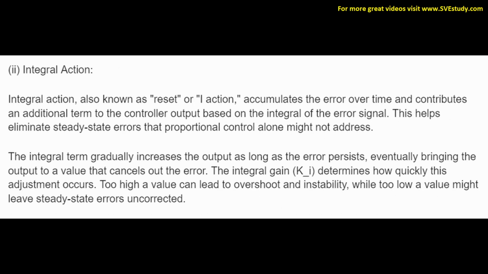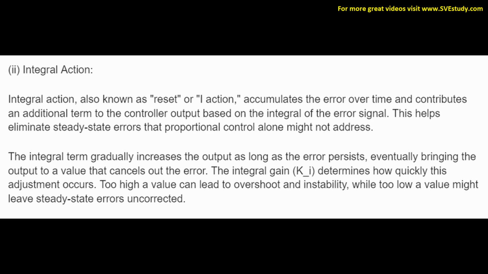2. Integral action. Integral action, also known as reset or I action, accumulates the error over time and contributes an additional term to the controller output based on the integral of the error signal. This helps eliminate steady-state errors that proportional control alone might not address.